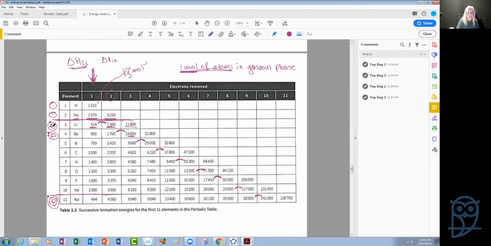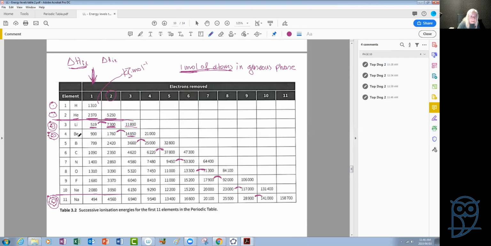And of course, the closer the electrons are to the nucleus, the more strongly they experience this attraction. And that makes a lot of sense, that we need more energy relative to the first energy that we needed to remove the first electron from the second energy level.